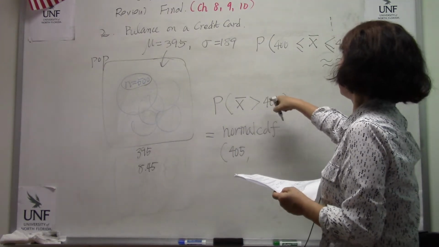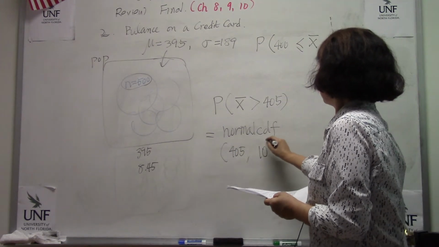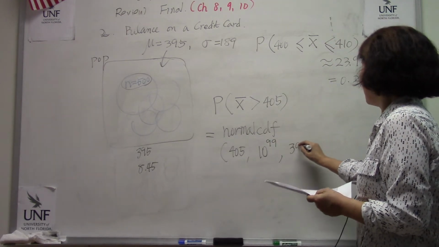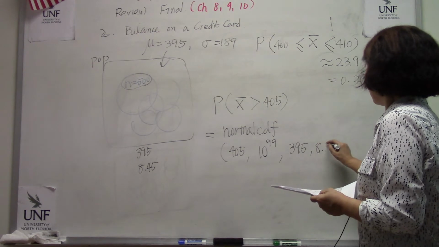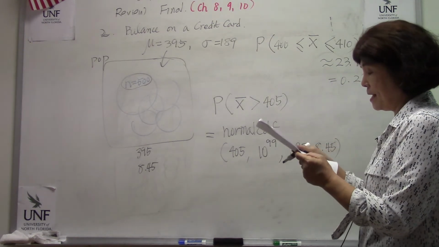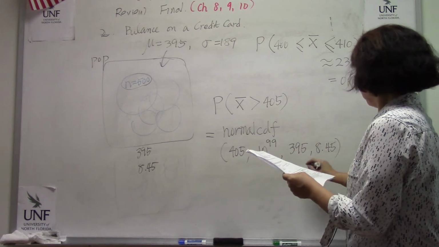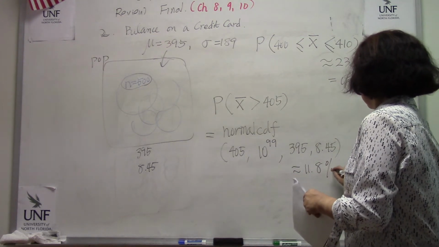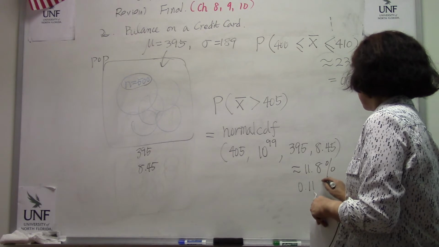Okay, it goes bigger and bigger, so that is 10 to the 99 as the upper number, and the same thing, 395, comma 8.45. Yes, that one will give you 11.8% or 0.118.